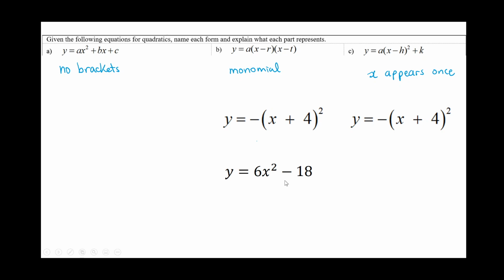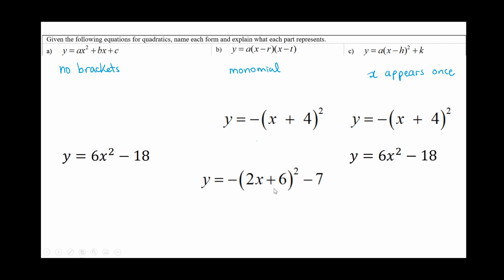This next example doesn't have any brackets, so it could be classified under this category. But also, x appears only once, so it could be classified here. In this one, x appears only once, and there are two terms here, so it cannot be a monomial. It can only be in this category, and there are brackets on it, so it cannot be in the first category.